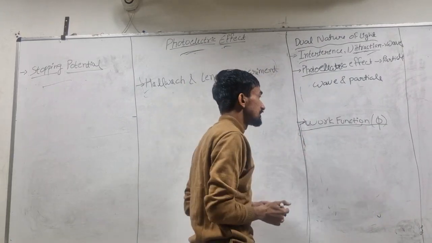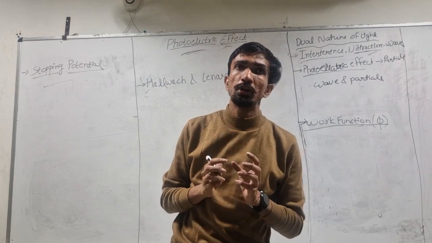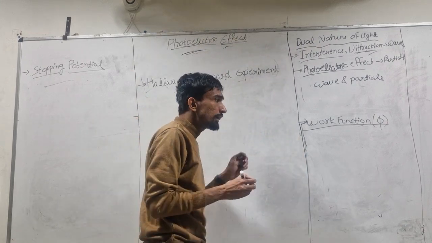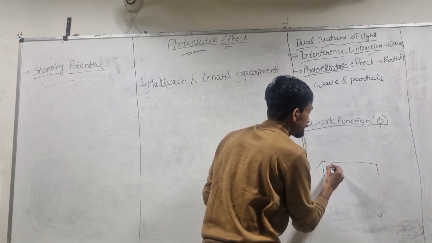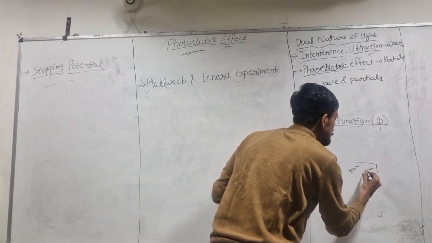What is work function? Work function is the minimum energy required for an electron to leave the surface of a metal. We all know that metal surfaces have free electrons. They all are conductors.